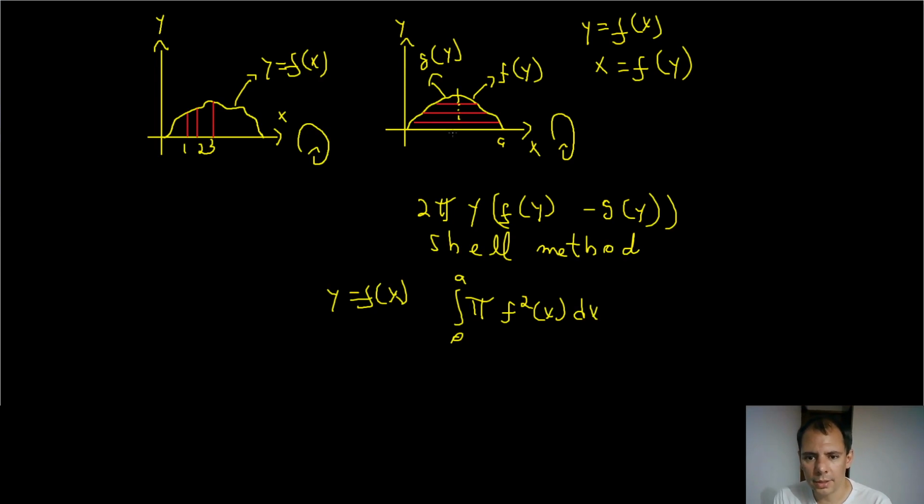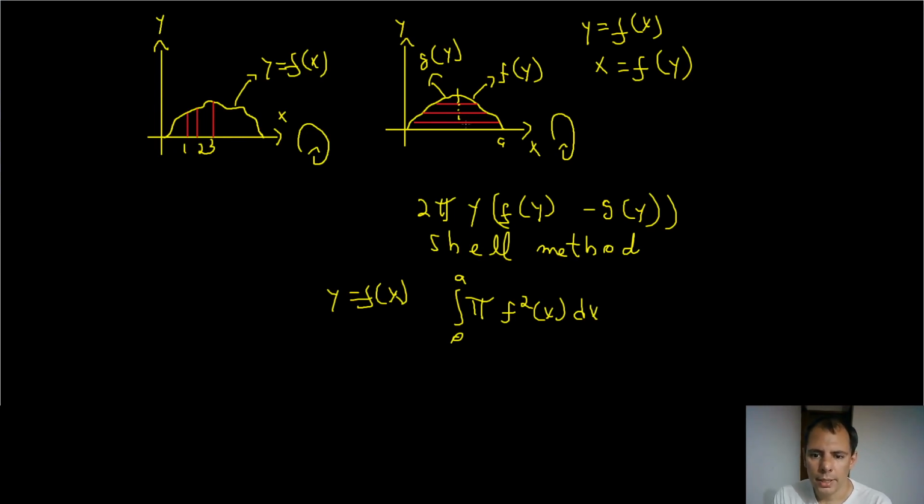In the shell method, the bars are parallel to the axis of revolution. So if the horizontal axis is the axis of revolution, then the bars have to be horizontal too. So in here, you're creating a disk like this, and you're putting another disk in here, and another disk, and another disk, and another disk. That's why it's called the disk method.